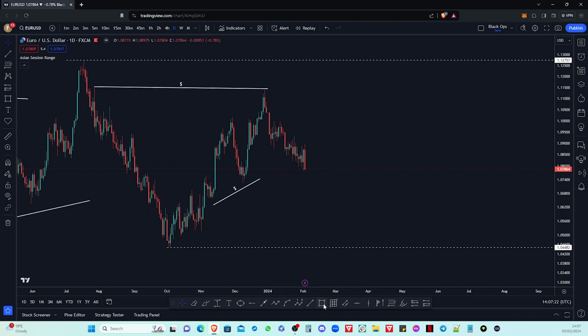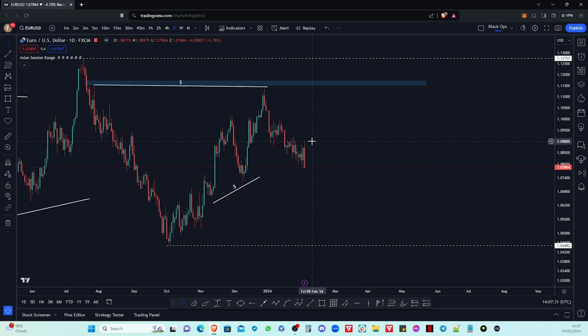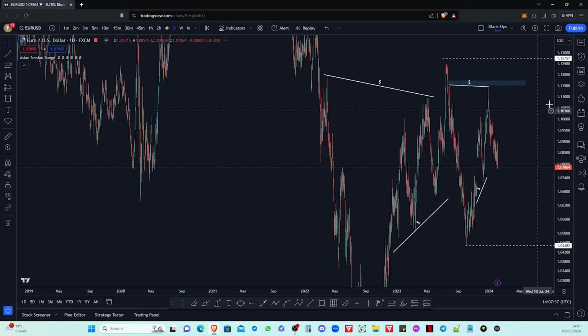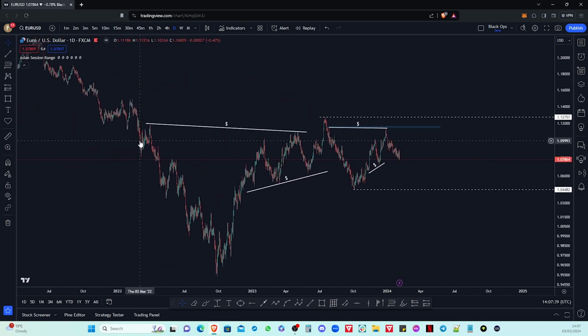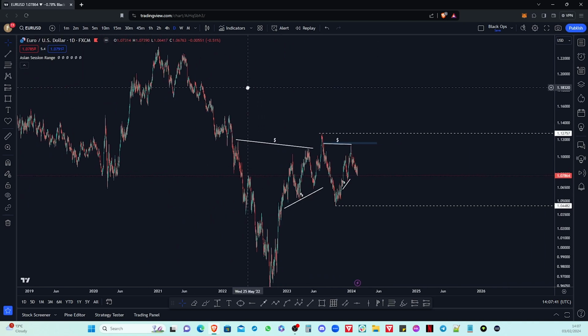We also have, from this high here to there, a nice little fair value gap. That gives us an idea that price can actually move up into this area and fill this. Now if I zoom out a bit, we can see we've been on a retracement. Yeah, I'd say it's a retracement.